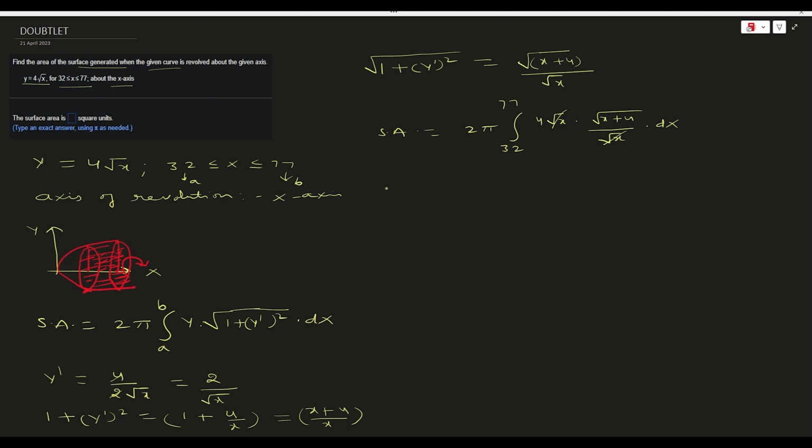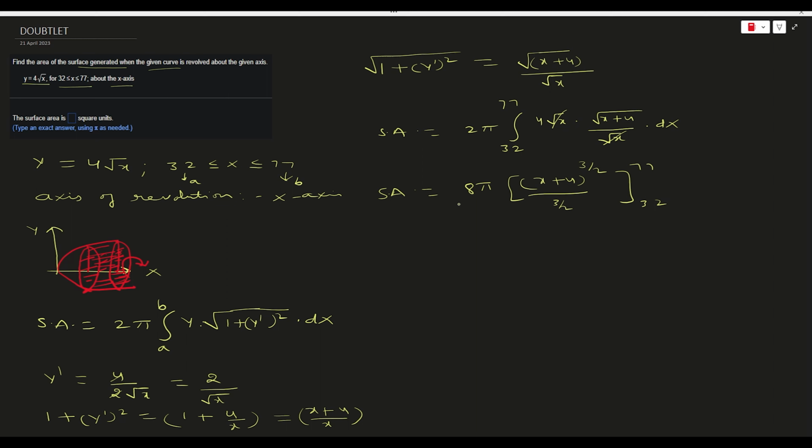So basically the surface area is equal to 8 pi, and if we integrate the root of x plus 4, it will become x plus 4 to the power 3 by 2 divided by 3 by 2, and limits are from 32 to 77.